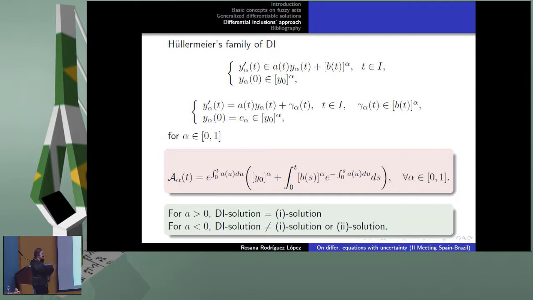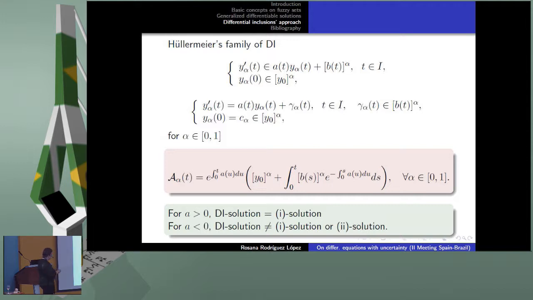But in any case, the differential inclusion solution is the same as the 1 solution also for this case. If A is negative, the other result is not extended. I mean, the solution from differential inclusions approach is not the 1 solution nor the 2 solution.